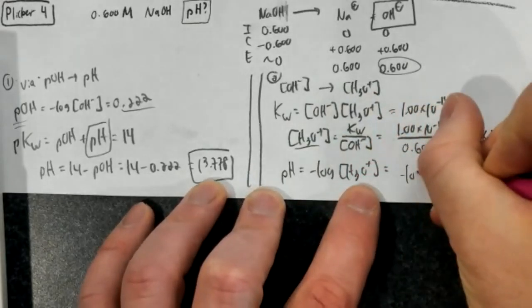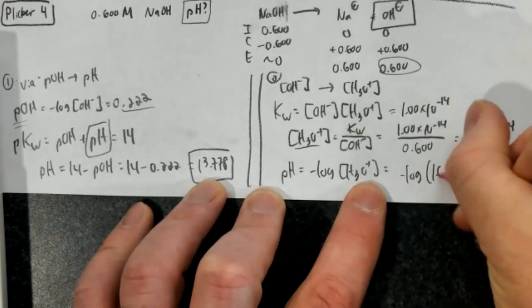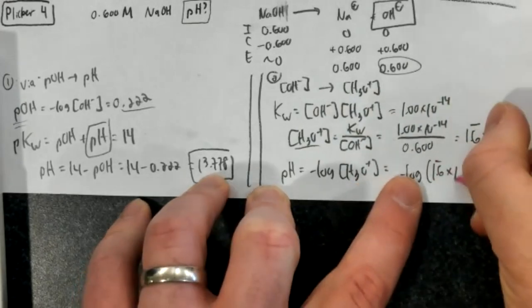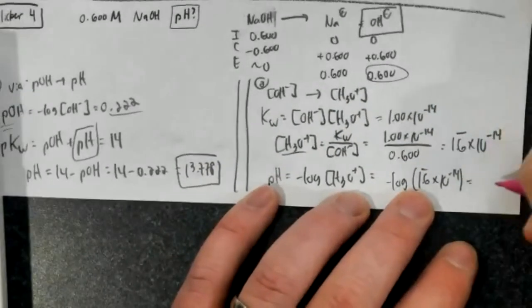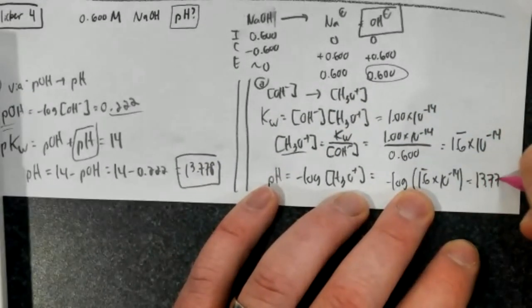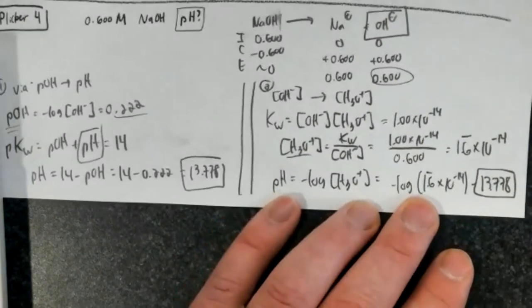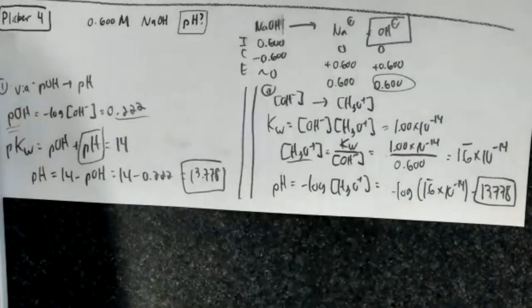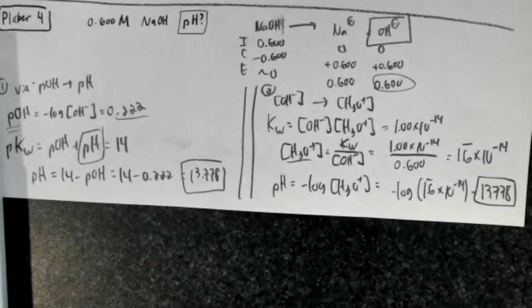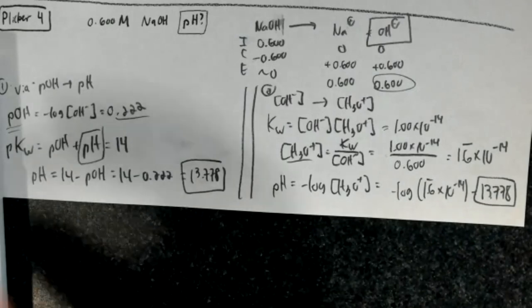So I take the negative log of 1.6 repeating times 10 to the minus 14, and that should get me the same value that I saw before, 13.778. Either of these approaches can get you to the exact same answer. Any questions on that?